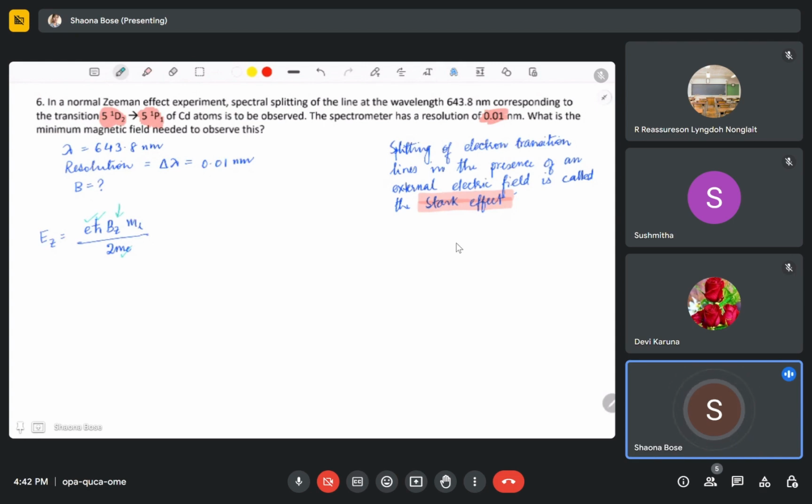Okay, so mass of electron, we already know. h, e, we know that. Bz, we have to find. And this one, P to D, that is just 1, right? Del ml is 1 here. Because D to P, right?